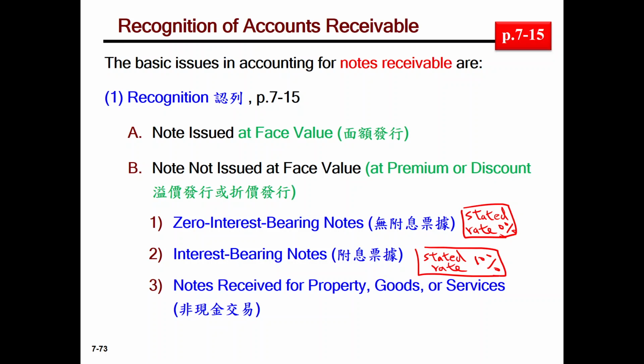We have two interest parts. Cost of borrowing, 借贷成本, we have two parts. First is what? Stated rate, contractual interest rate, right? What's the second part? The total amount is on which part?